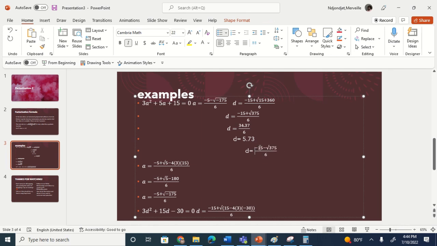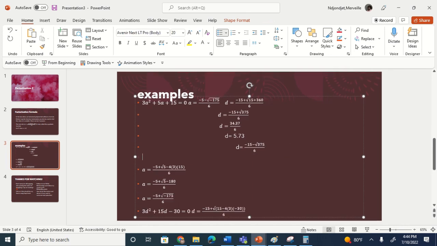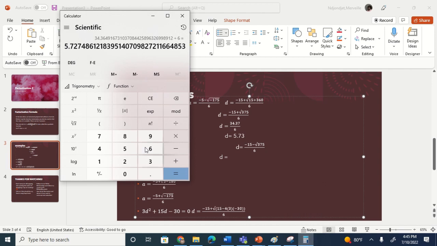Sorry for that minus. Now, Z is going to be equal to. So as we know, the square root of, you know what, let's just do this. This plus 15.